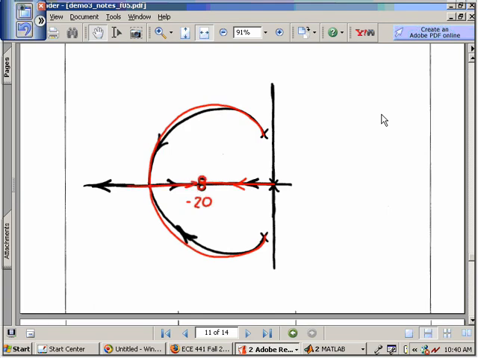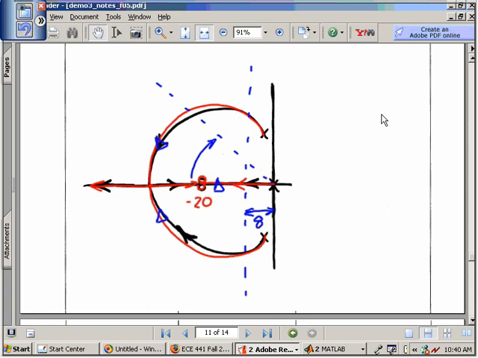One's going to go to one of those zeros and the other one's going to go to the left. What we want to do then is locate our closed loop poles, which are made up of these two complex and this real. We want to be to the left of this vertical line that's 8 units away from the origin, and the other specification was to live inside this 45-degree angle.